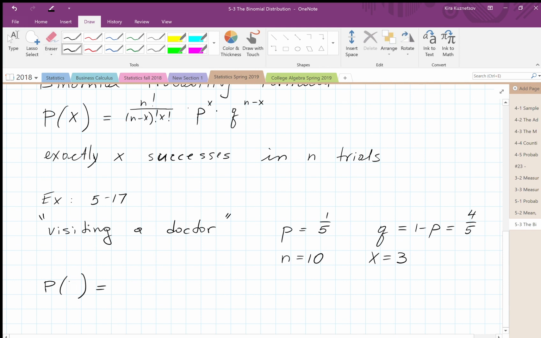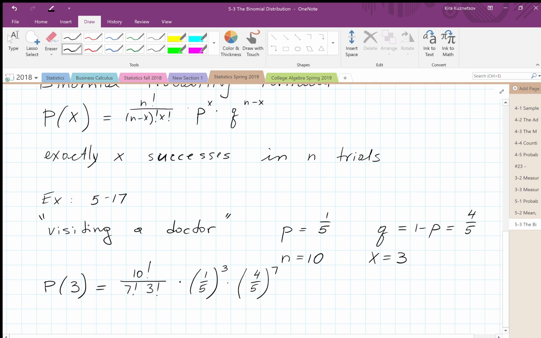The probability of getting exactly 3 successes in N trials is 10 factorial divided by 10 minus 3, 7 factorial, 3 factorial, times your probability of success raised to the power of X, which is 3, times the probability of failure raised to the power of N minus X, so the other 7.